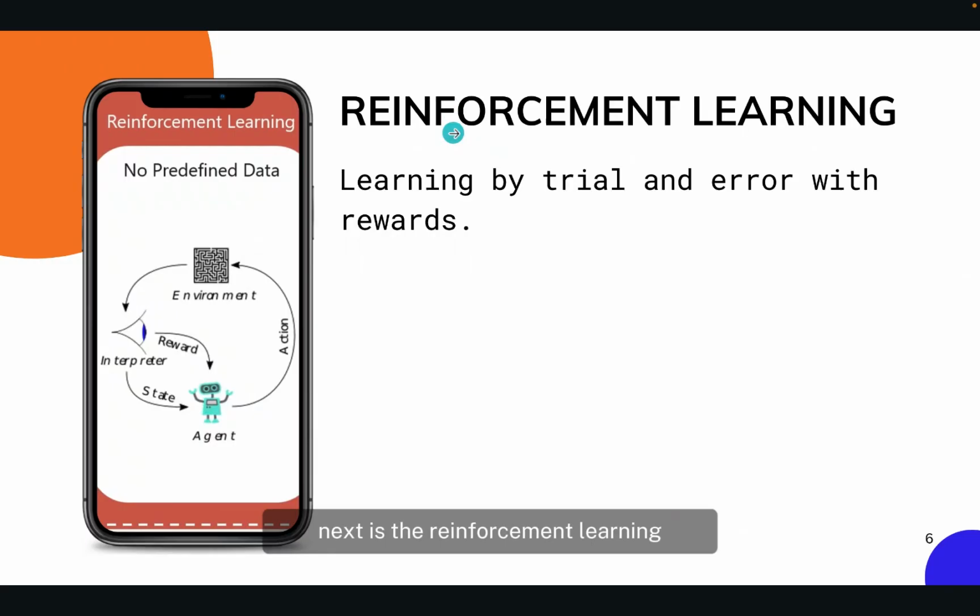Next is reinforcement learning. It learns by trial and error with rewards and punishments. You don't need to have predefined data, just the experience, the trial and error of the agent. For example, there's a machine over here, a maze over here, and there's an action. If its action is positive, you will have a reward, but if not, you will lose points or you will have punishment.